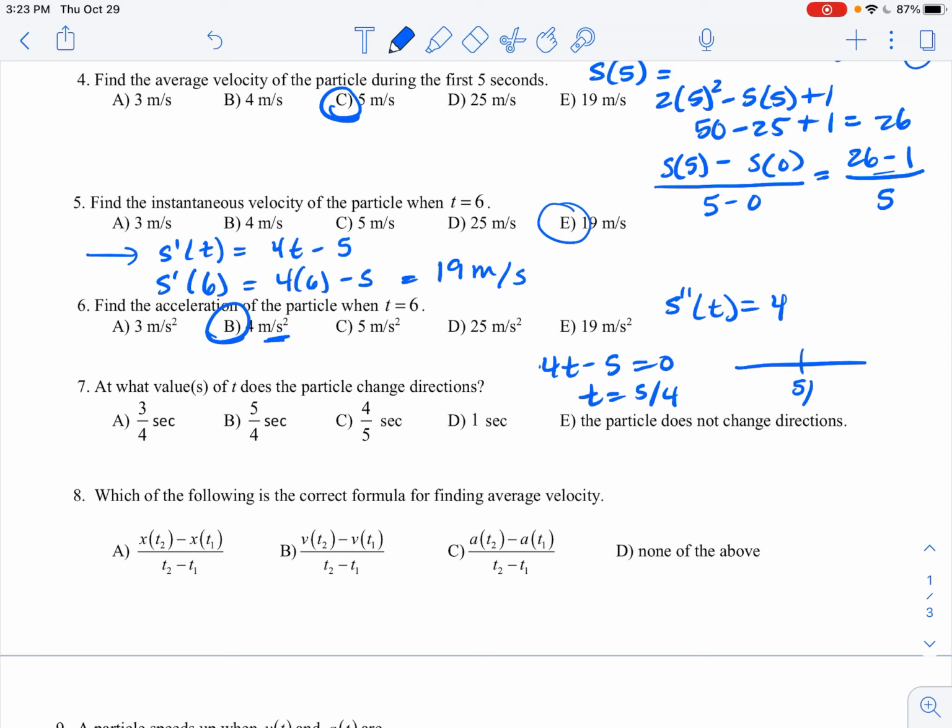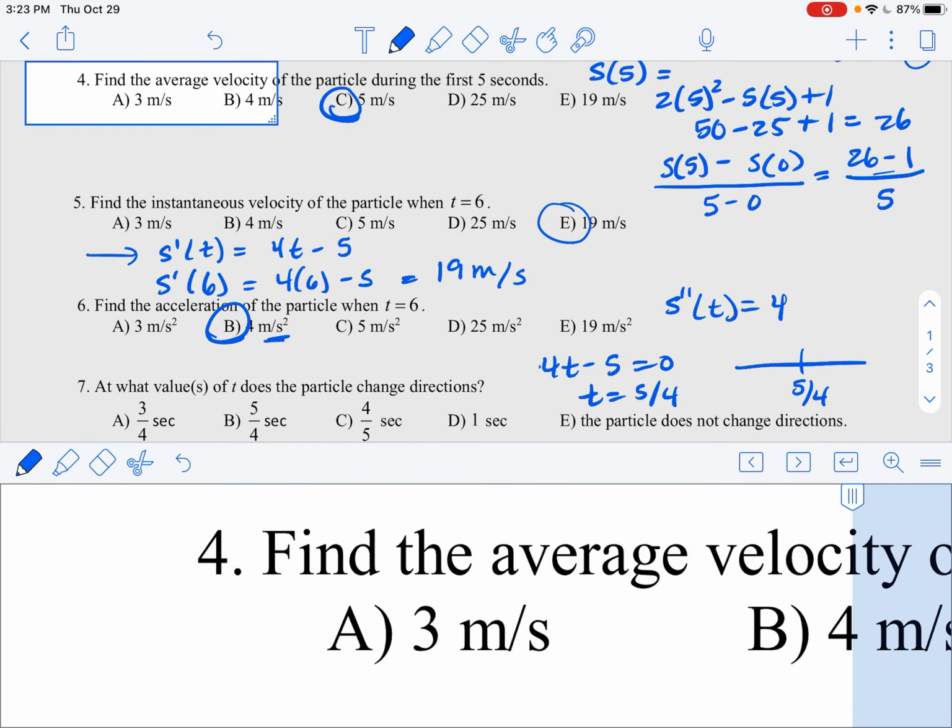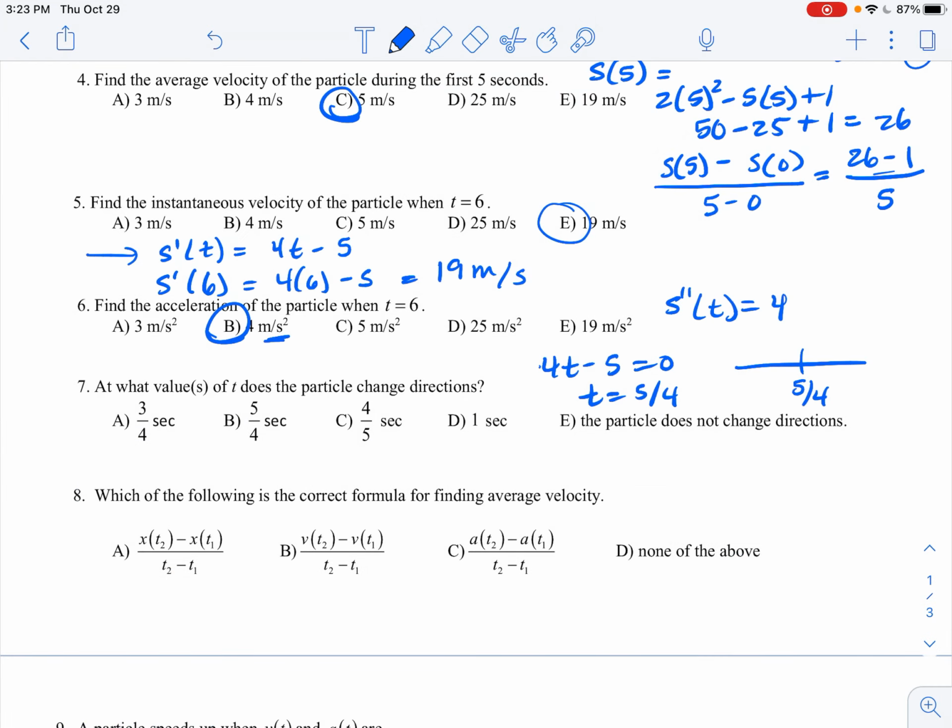And just to check that, put it on a number line. Plug in a test value to the left of 5/4. And let's see, that would give me a negative value. And if I plug in a number to the right of 5/4, that'll give me a positive. So I know I am changing direction at 5/4.